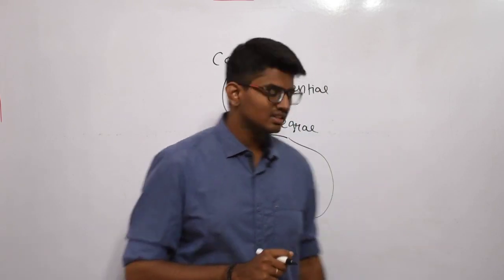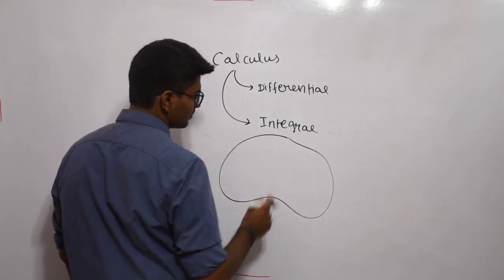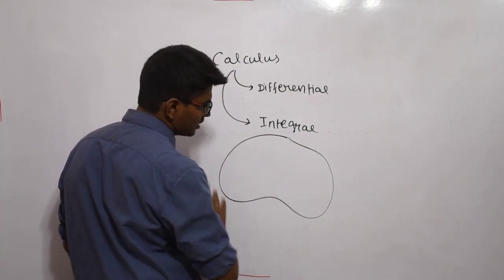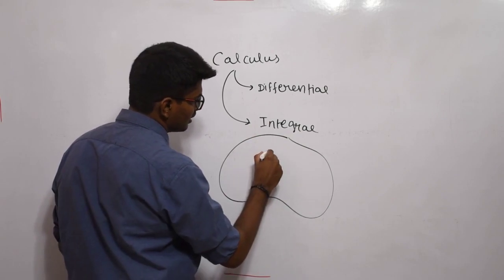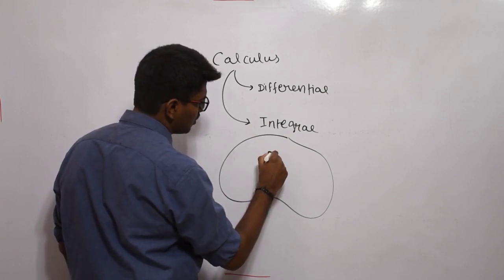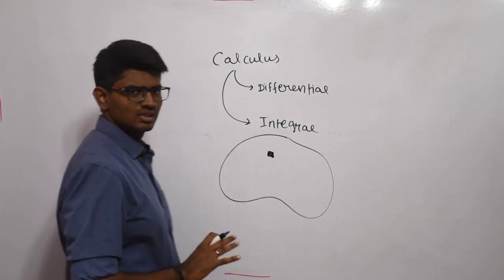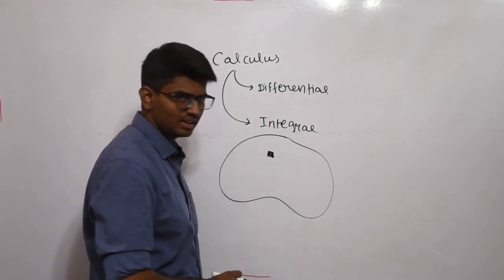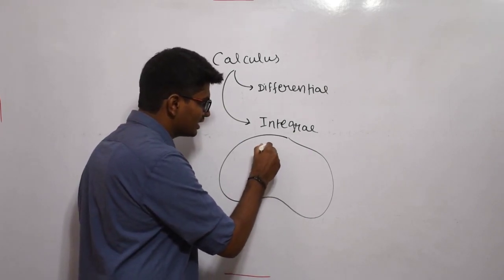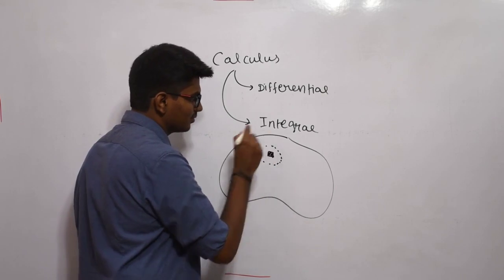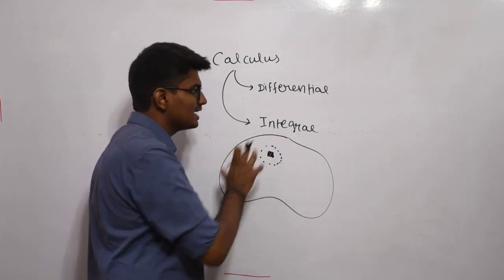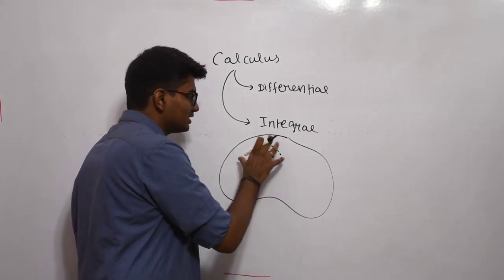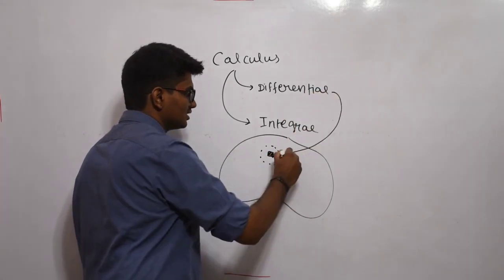For example, let us consider an object like this. Instead of considering the complete object, I am going to consider a very small part of this object and understand it clearly, and that step is nothing but differential calculus.